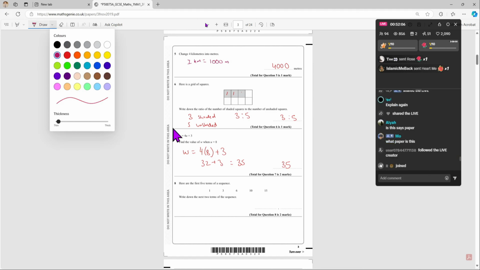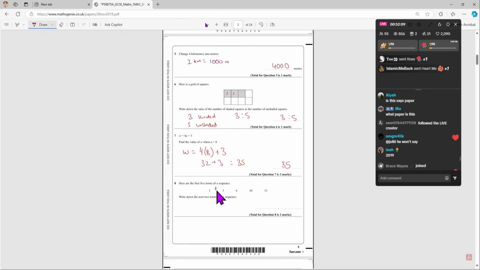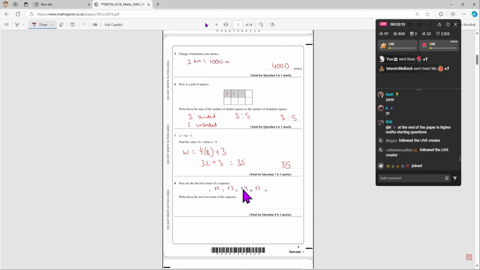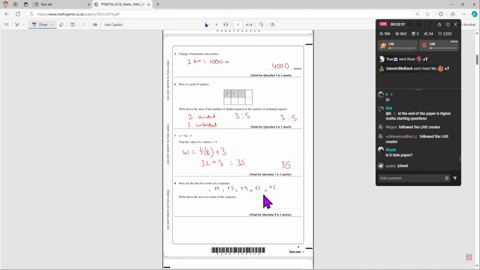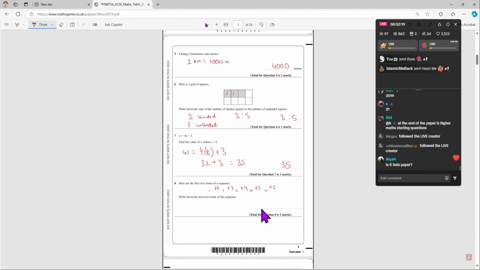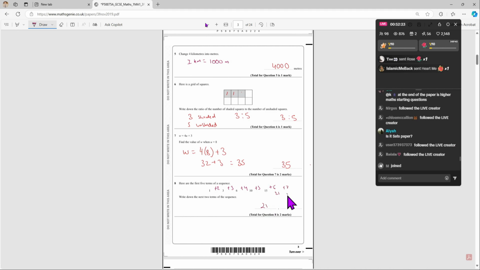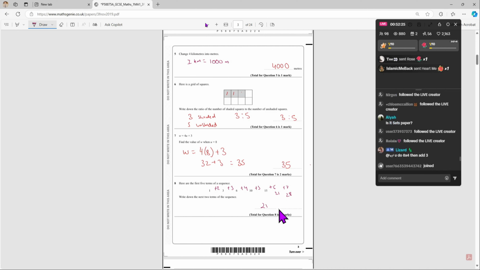You are adding 2, then adding 3, then adding 4, then adding 5. So we know that we're adding incrementally. So your next one you add 6. 15 plus 6 is 21 for the next term. And then the next one, you're going to add 7. That's going to be 28 for the 7th term. So it's going to be 28 there, and that's going to be your answer. Okay?